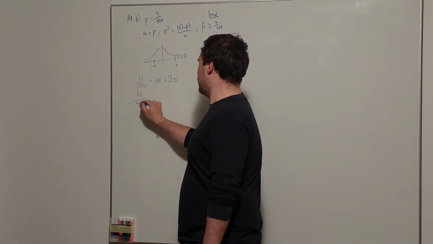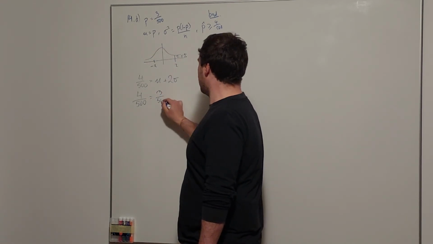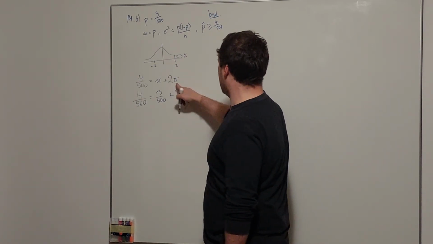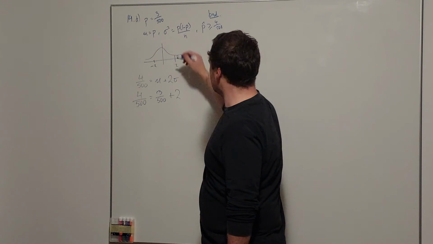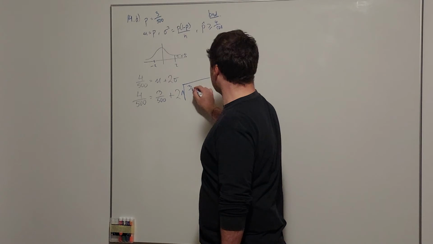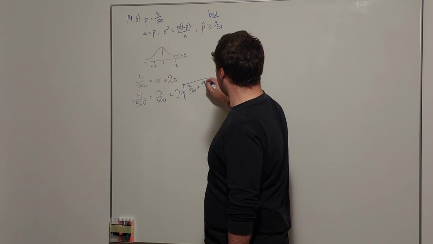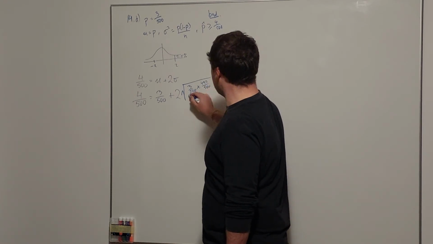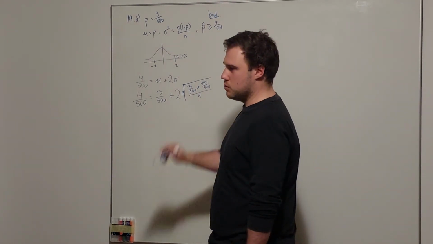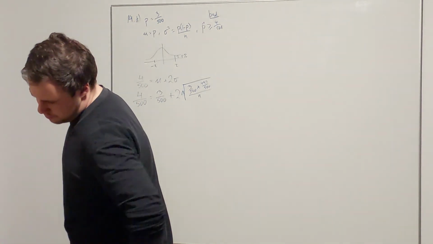So 4 on 500 equals P, so 3 on 500 plus 2 times sigma, where sigma squared is that, so sigma is going to be the square root of P, 3 on 500, times 1 minus P, 497 on 500, all on n. So n is what we wanted, so we're going to solve an equation to find it.